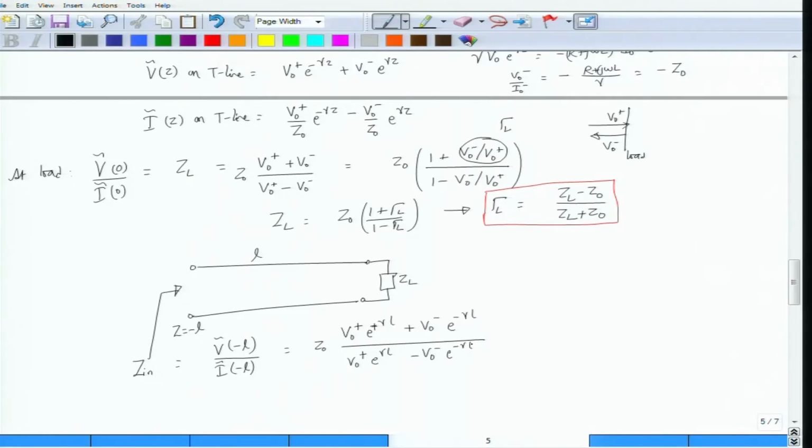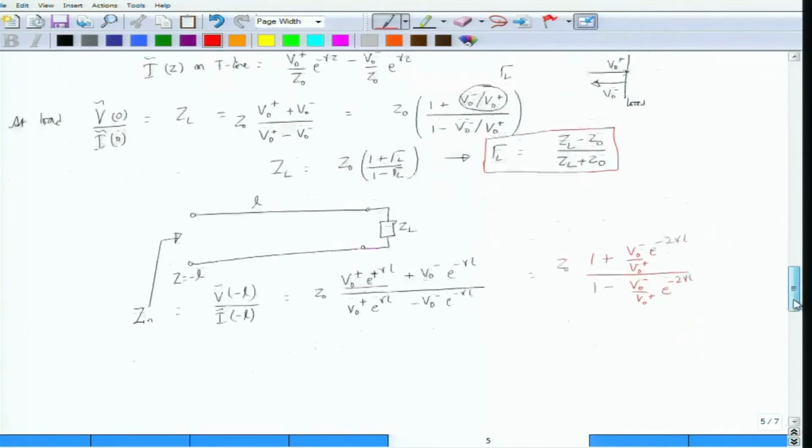Factor this entire V0 plus e^(plus gamma L) out. So, what you get here is Z0 into (1 plus V0 minus e^(minus 2 gamma L) divided by V0 plus) divided by (1 minus V0 minus by V0 plus e^(minus 2 gamma L)).